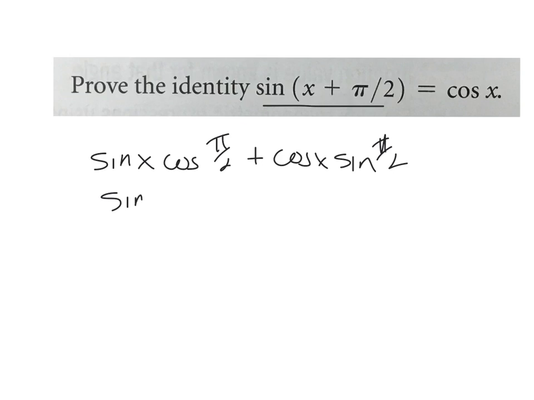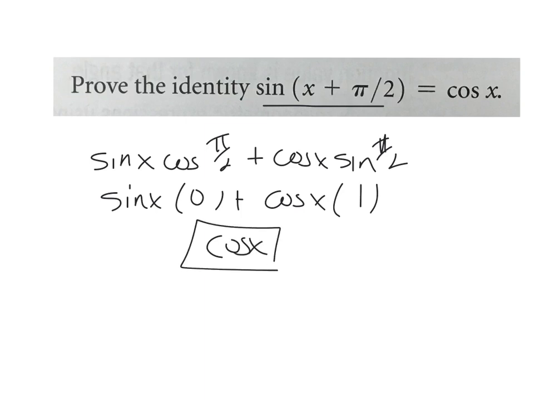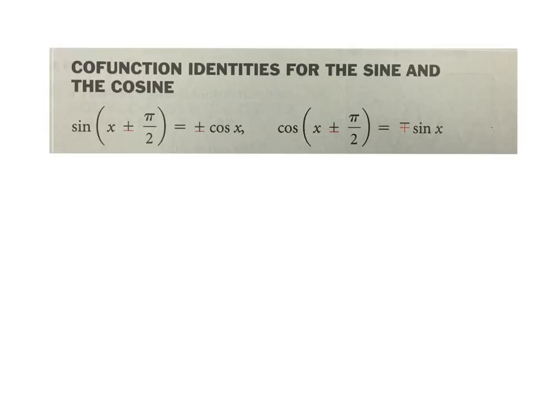Sine x stays, cosine pi over 2 is 0, plus cosine x times sine pi over 2, which is 1. So 0 times anything is 0, cosine x times 1 is cosine x, and there you go. That's all you got to do. You use what we did yesterday to prove that this is true, which is what we saw on the last slide.